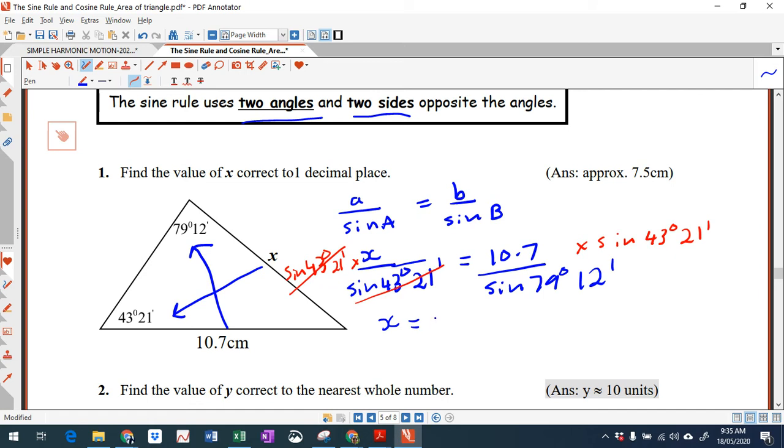To one decimal place, that's 7.5 centimeters.